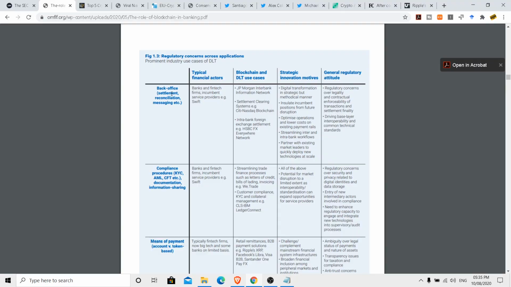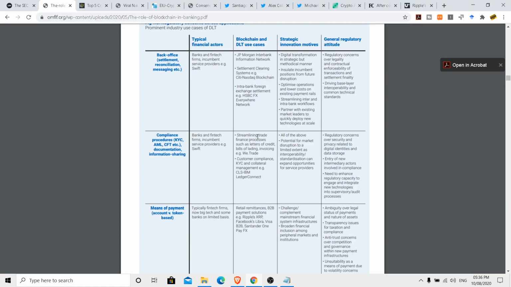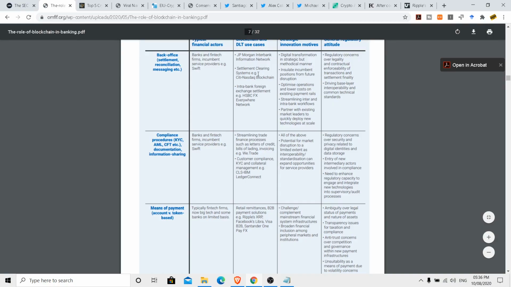Because if you look at the market cap, yes, I agree market cap is not a good metric for comparing the future, but the majority of you won't understand if I don't include that. So considering $2.7 trillion and the last market cap of XRP, you can understand it's going to go much higher than that. Now here, why are they actually using this kind of DLT? Streamlining trade finance processes such as letters of credit, bills of lading, invoices, and everything for trade, right?